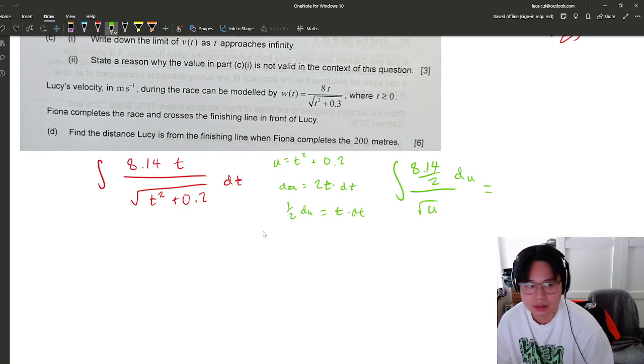Okay, so let me clean this up. 4.07 integral of u to the negative 1/2 du.